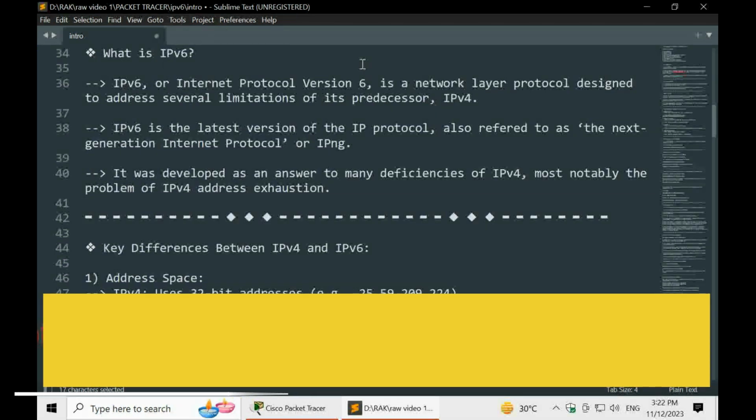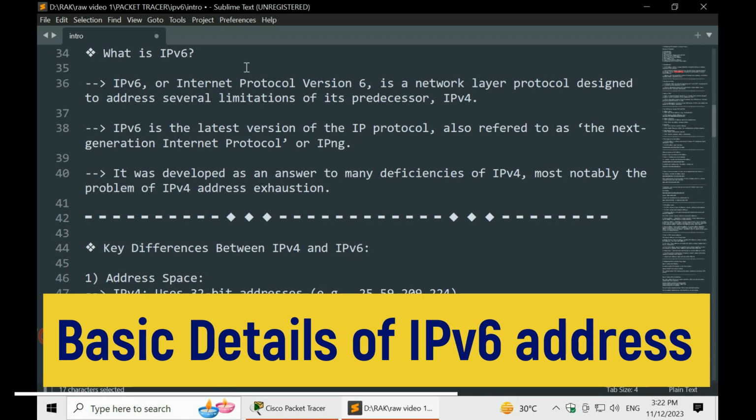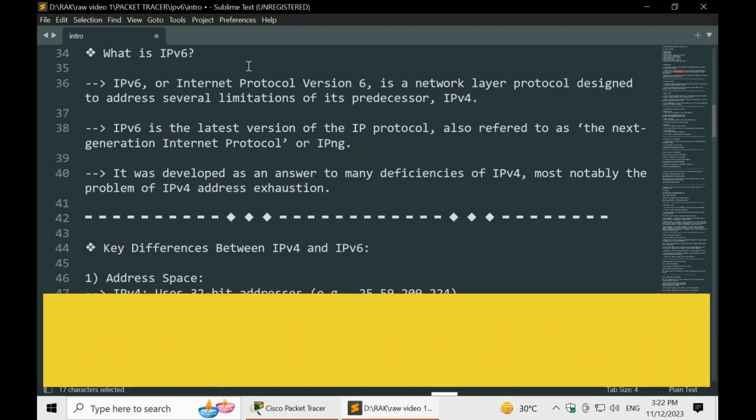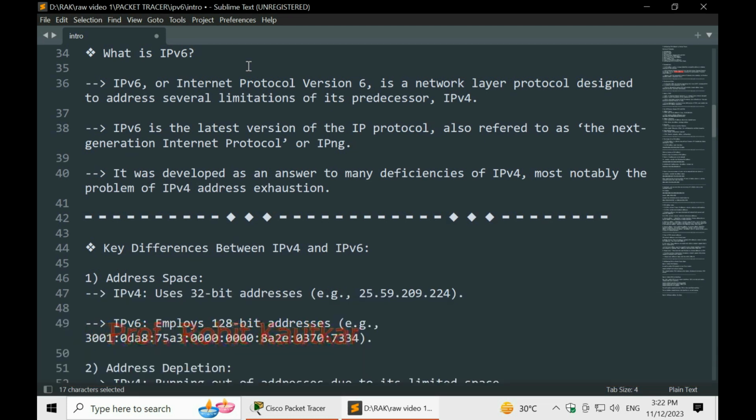Now let's try to understand what is IPv6. IPv6 stands for Internet Protocol version 6. This is basically a network layer protocol, and it is used to address limitations that were present within IPv4. IPv6 is the latest version of the IP protocol available for use, and it is also referred to as IPNG.